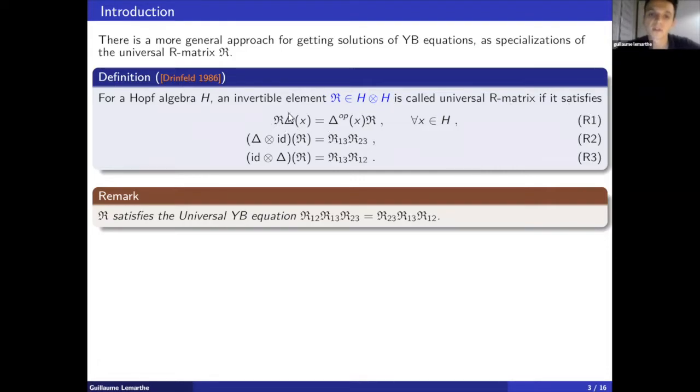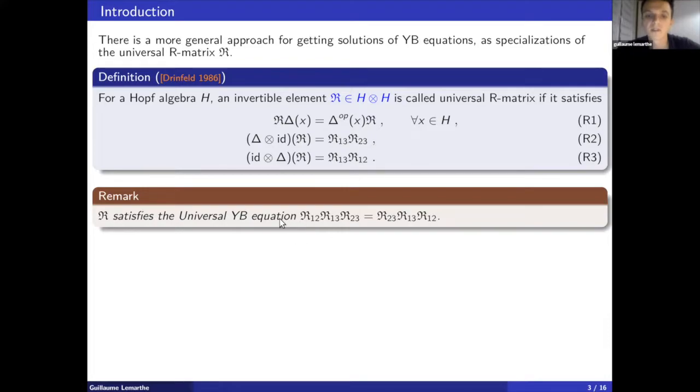The first one is R delta equal delta^op R. It just intertwines the coproducts. And the last two axioms tell you how delta acts on the legs of the universal R matrix. Together, these axioms imply that the universal R matrix satisfies the universal Yang-Baxter equation.